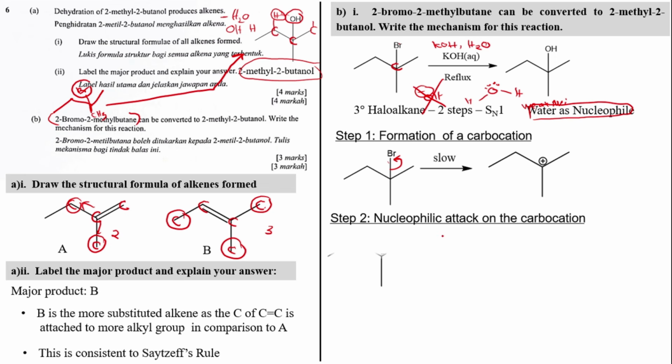Meanwhile, for the nucleophilic attack, when the carbocation is being formed, we're going to use our water as the nucleophile. So we're going to draw our water molecule, and then this water molecule will have the lone pair. So the lone pair will be used in order to attack the positive charge of the carbocation. So when the water attacks, the oxygen will be attached to this carbon here to become like this.